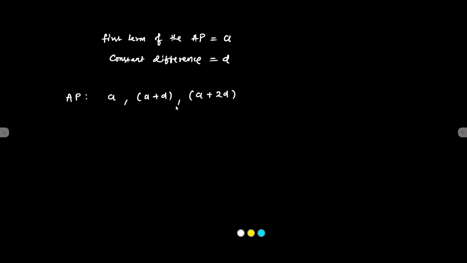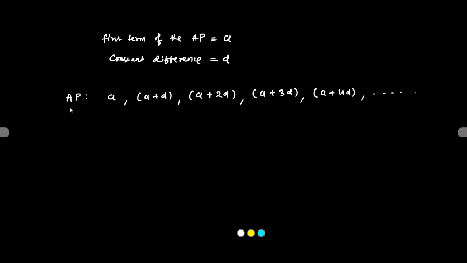Here A plus 2D minus A plus D is equal to D, so the constant difference D is maintained. Then the fourth term will be A plus 3D, the fifth term A plus 4D, and so on. It will go on and on.